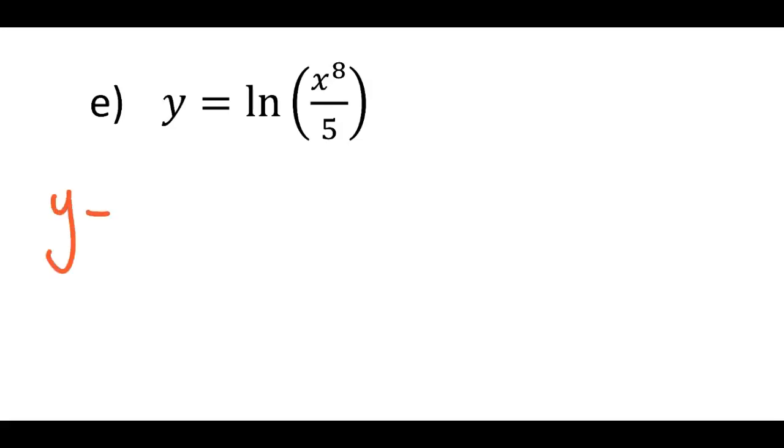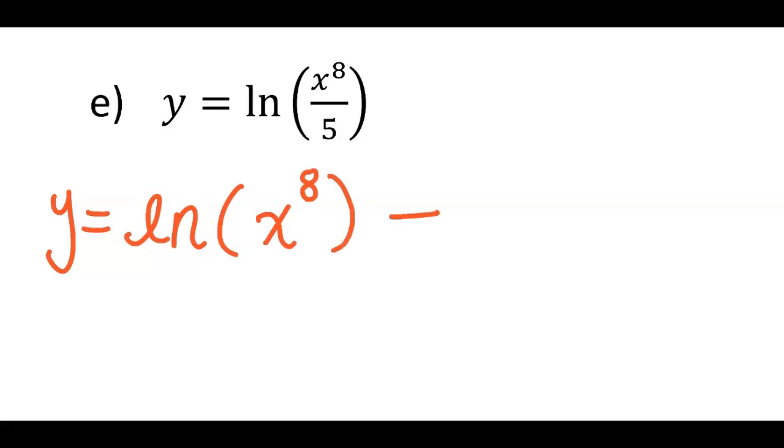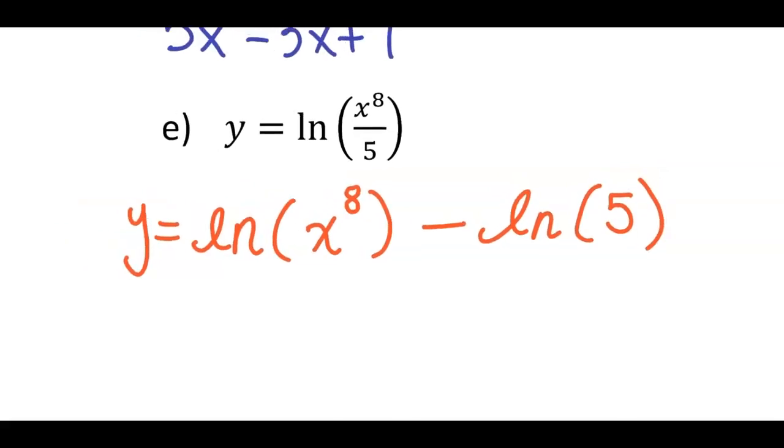I'm not doing the derivative yet. I'm just rewriting this as natural log of x to the 8th power minus natural log of 5. I think this is called the quotient property. If it's a quotient, I can separate them as a difference, okay?